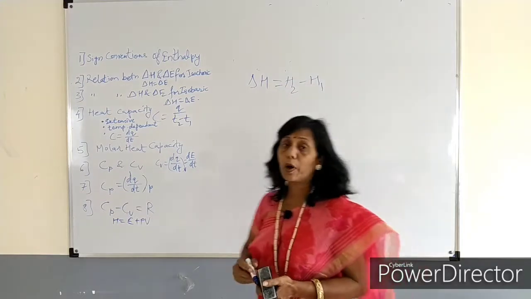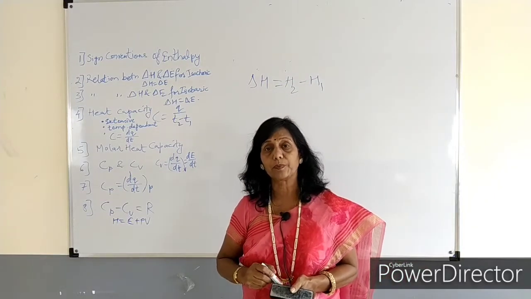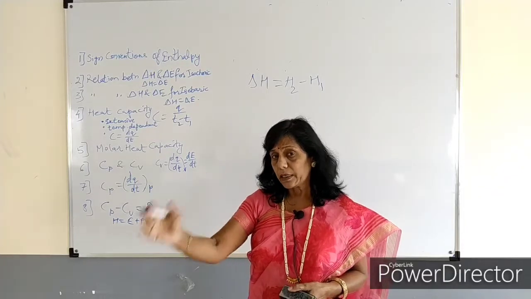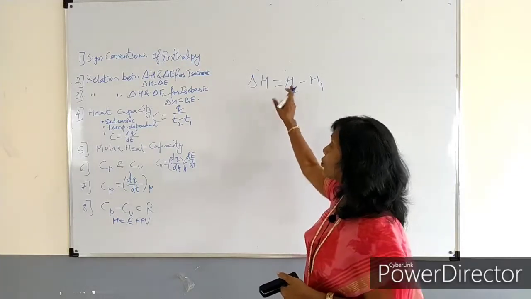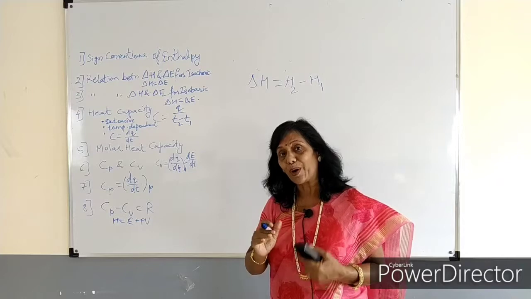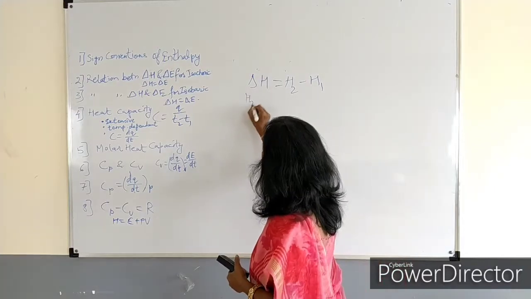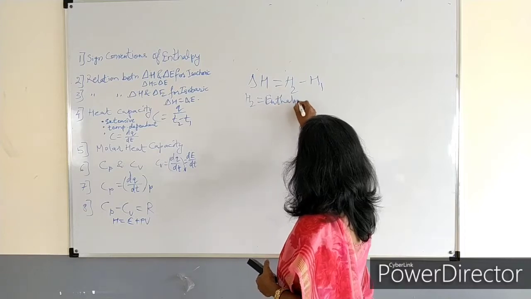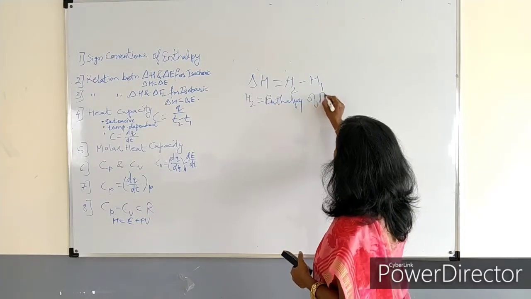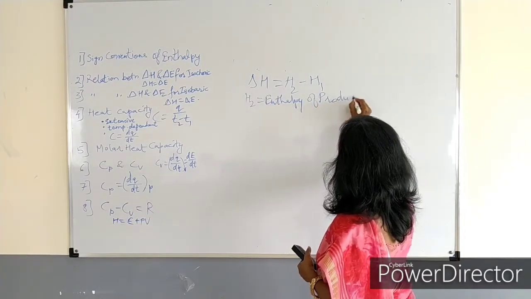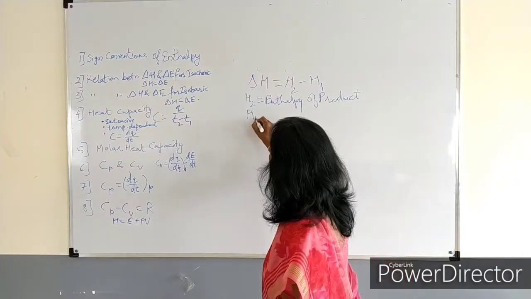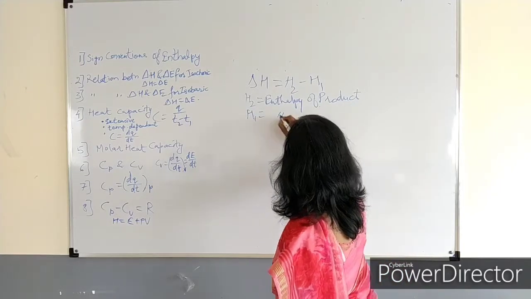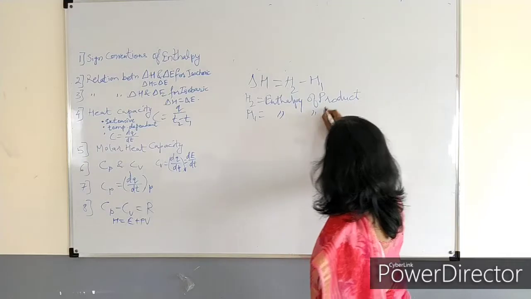Now, for any chemical reaction, let us say that H2 stands for the enthalpy of the products, right? What is H2? H2 is the enthalpy of products. What will H1 then be? H1 is the enthalpy of reactants. Clear?